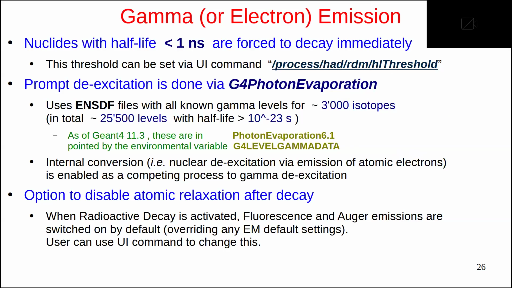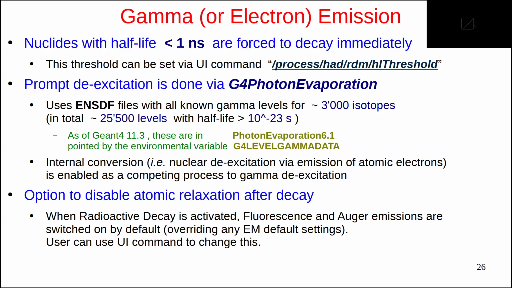So for those nuclides with a half-life less than 1 nanosecond, these are forced to decay immediately. We will not transport them. So we decay immediately below 1 nanosecond. And we use the photon evaporation class, which is used also for normal nuclear de-excitation.